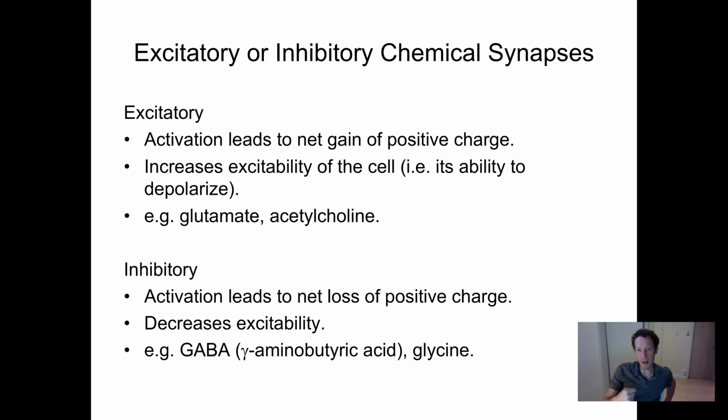So instead of sodium ions coming in, it's going to allow chloride ions to come in. There's a different selectivity here, and rather than letting positively charged sodium in, negatively charged chloride ions are going to enter the cell. So that brings in a negative charge and reduces the excitability of the cell. So it has the opposite effect. That's how we define an inhibitory synapse.